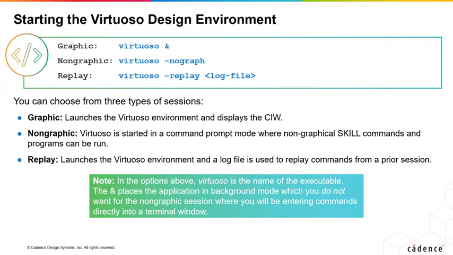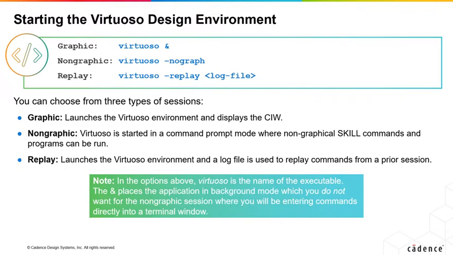If you used any of those other ones, there's no longer a wrapper to execute Virtuoso. You will get an error. So the net effect of this is if you have scripts that call the other executables like ICFB, Layout, Layout Plus, ICMS, you're going to need to go in and modify those wrapper scripts to call just Virtuoso.